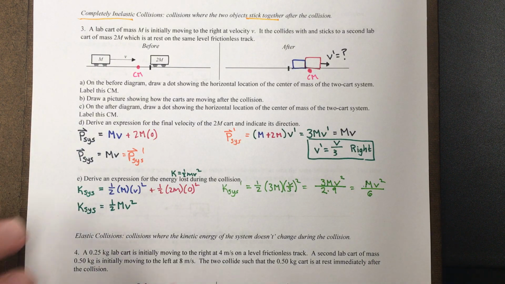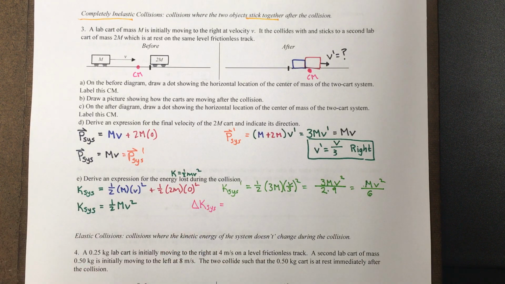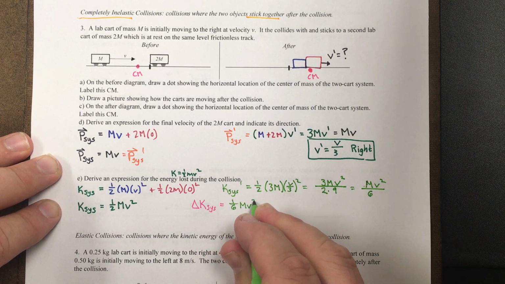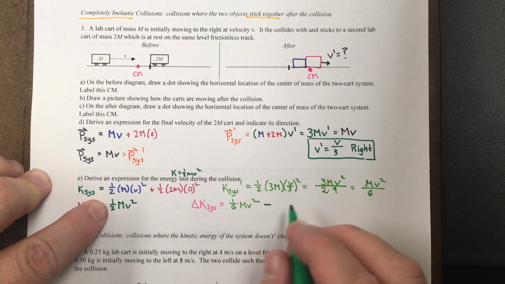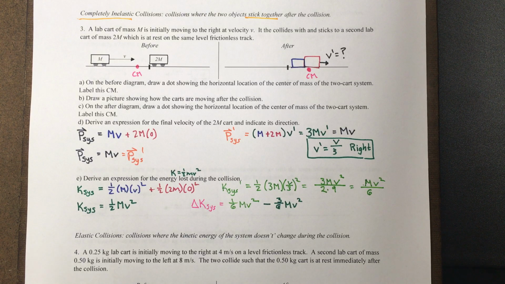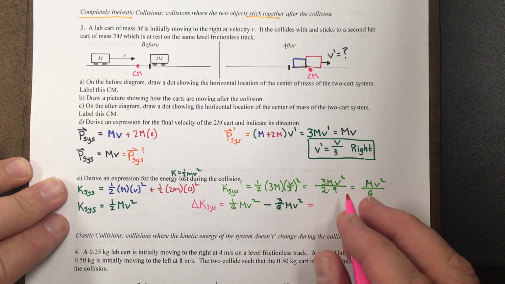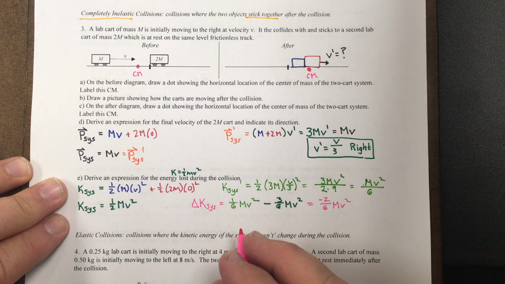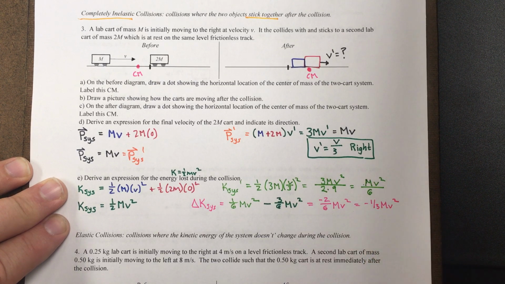So to find the change in energy, I want to know how much is lost. We're just going to do final minus initial. So 1/6 mv squared minus, I'm going to get a common denominator, so I'll write that as 3/6 mv squared. So 1/6 minus 3/6 would be negative 2/6 mv squared, or I can reduce that to negative 1/3 mv squared.